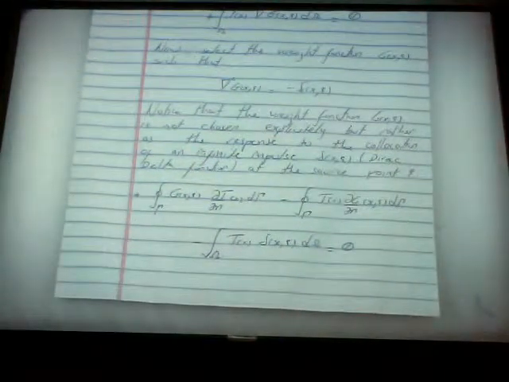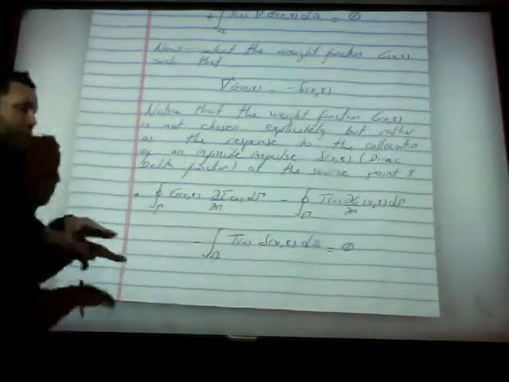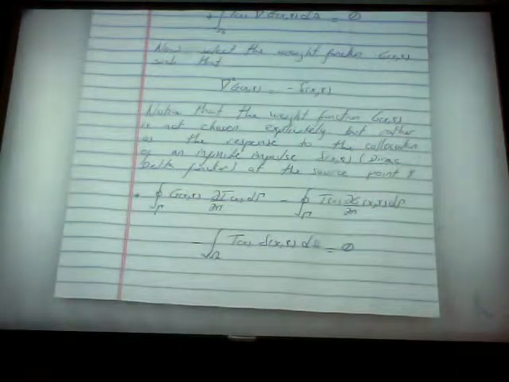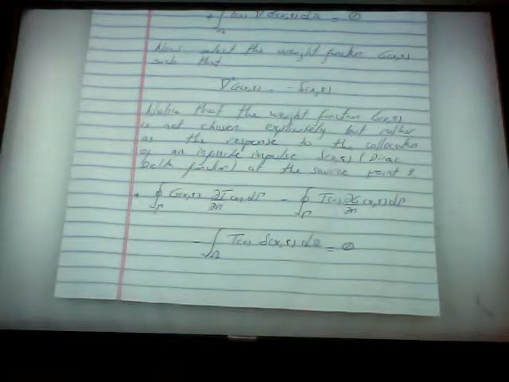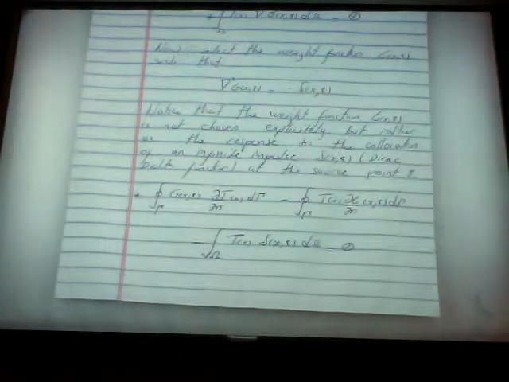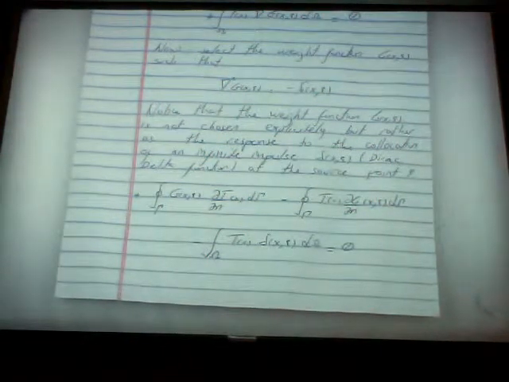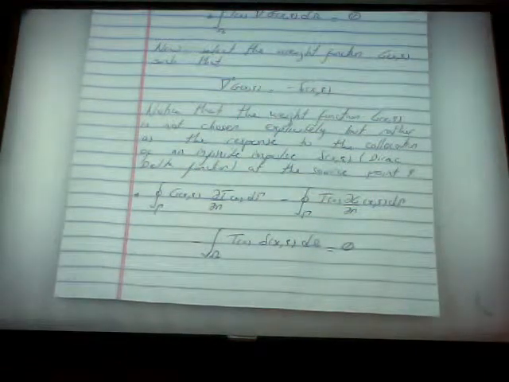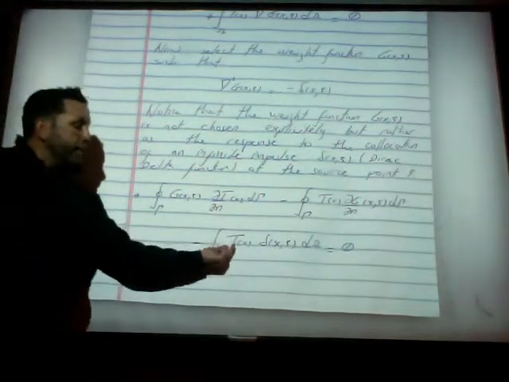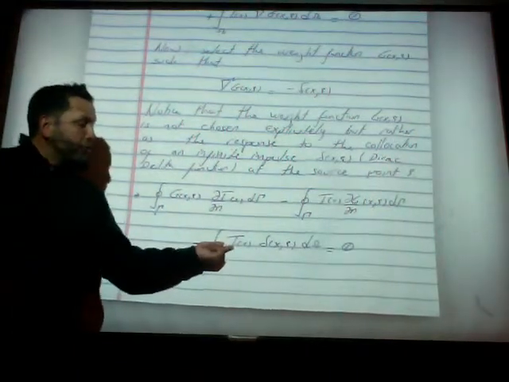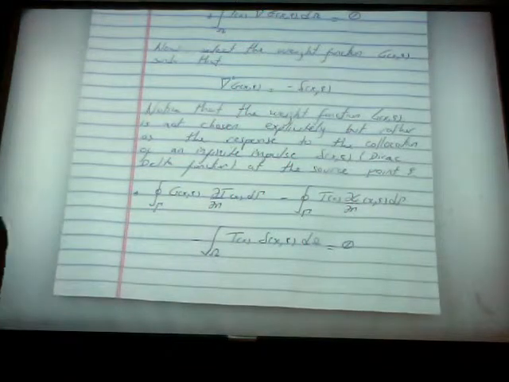So remember what a Dirac delta function does inside an integral? It takes the function out. It's called the sifting property. The Dirac delta function is 0 everywhere except at the point of impulse, which is infinity there. It has the area property that if you integrate the Dirac delta function, you get 1, a unit area. If you integrate any function multiplied times the Dirac delta function, then the result of that integral will be the function evaluated at the source point of the Dirac delta function.